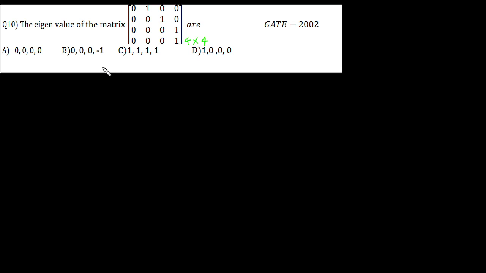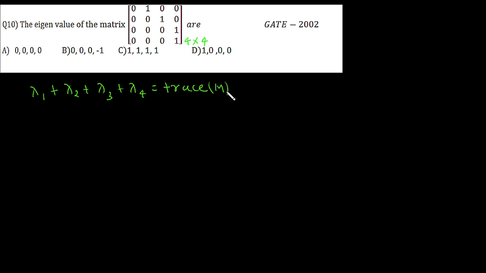So what we have to do is simply use the property. We have to use two properties of eigenvalues. The first one is that the summation of these eigenvalues, here it is 4 cross 4, so let's assume it has lambda 1, lambda 2, lambda 3 and lambda 4 as eigenvalues. The sum of these four is nothing but the trace of this matrix.